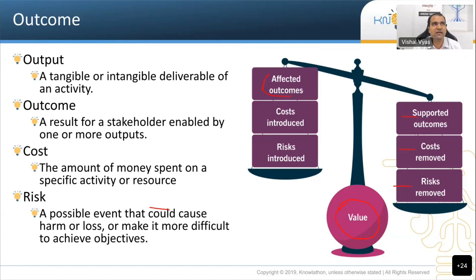You have a silk shirt, which you give to a laundry service provider, and the laundry service provider may be careless and spoil it. Will that affect the outcome? Yes. The cost per piece is 500 rupees. You will not like that, right? There is a risk that the laundry service provider may take all your clothes and vanish.